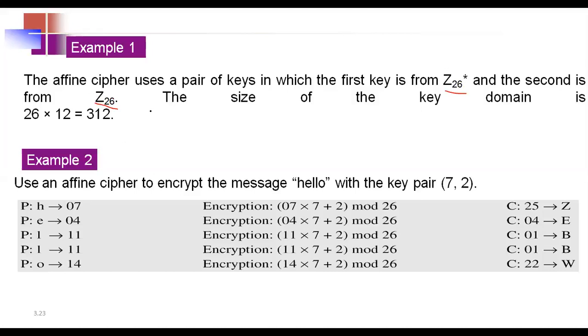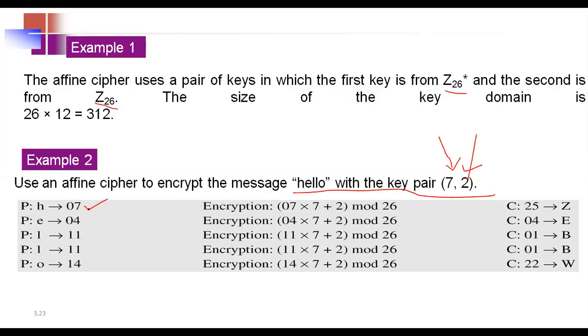Now, example: use an affine cipher to encrypt the text hello with the key value pair 7, 2. That means 7 is used for the multiplicative cipher and 2 is used for addition. Assume the equivalent number for H is 7.